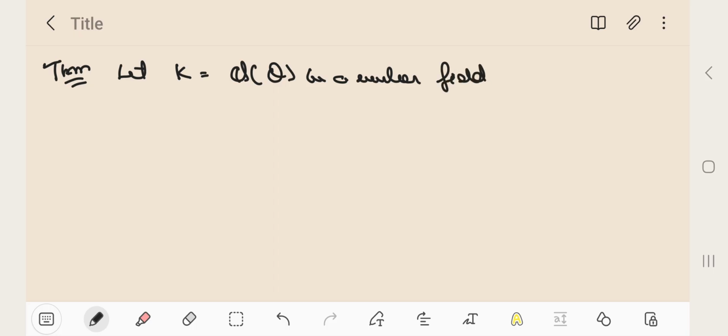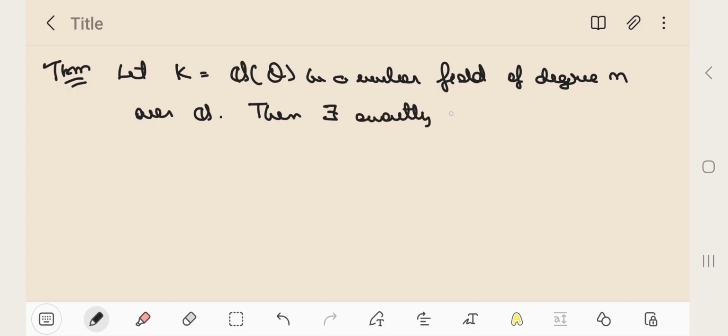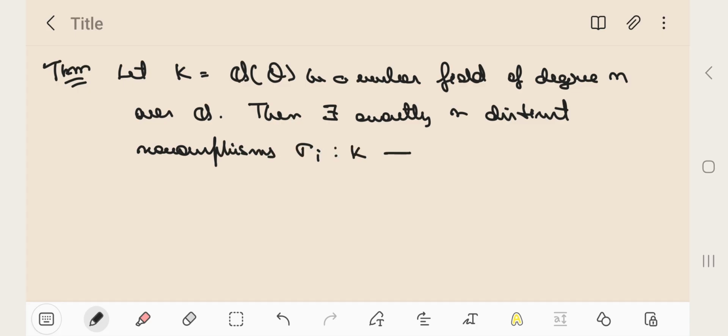So this is an algebraic extension over Q, which immediately speaks of the fact that theta is algebraic over Q. Let it be of finite degree n over Q. Then there exist exactly n distinct monomorphisms sigma_i from k to C, i ranging from 1 to n.